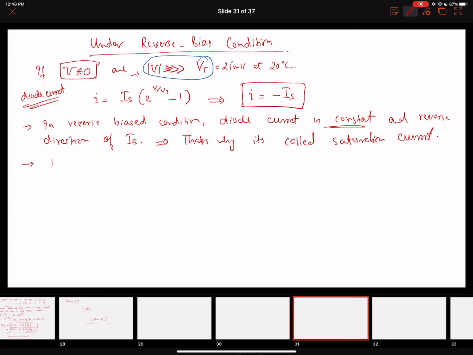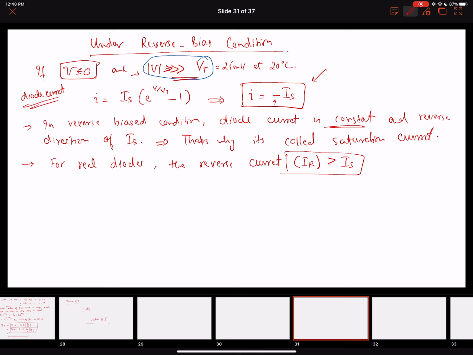Now for real diodes, the reverse current, let's call it IR, is usually larger than the scaling current. Here, with these assumptions, we saw that the reverse diode current is equal to minus Is.